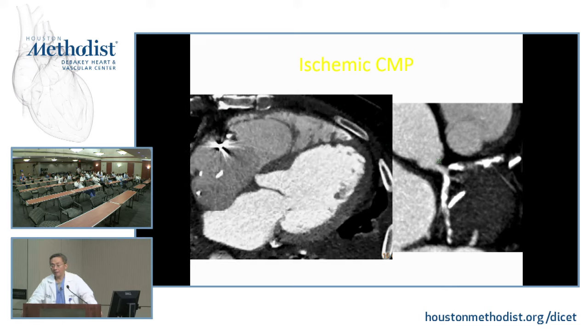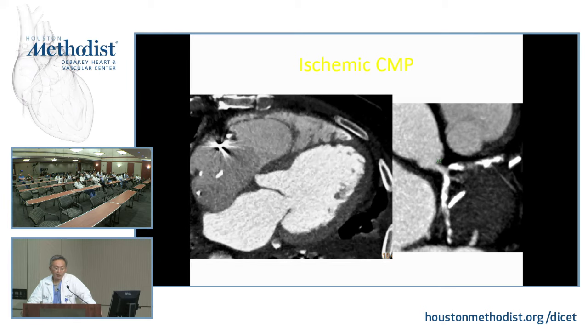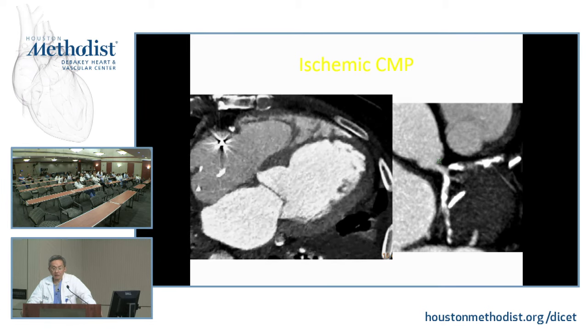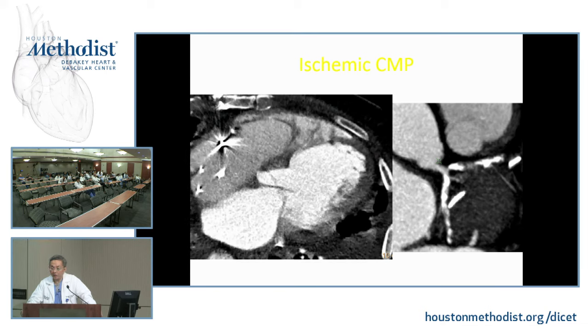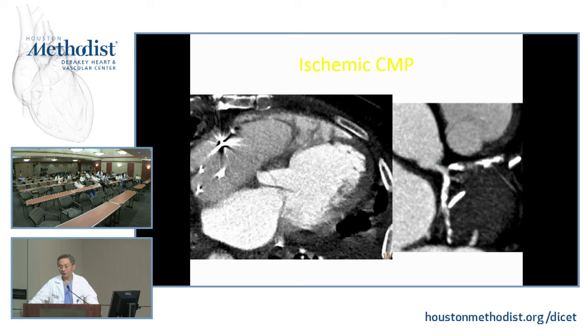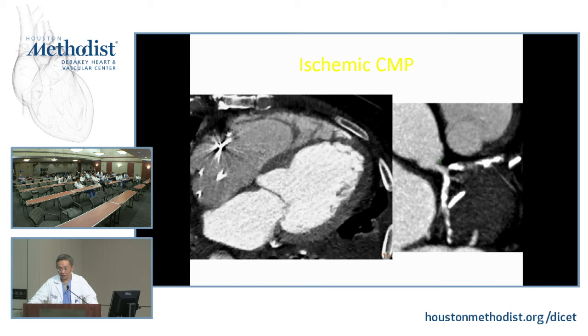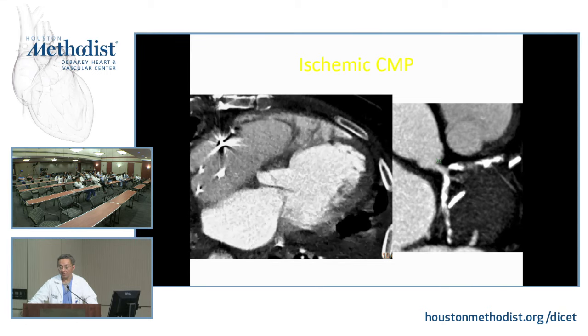We know the location of calcium matters. We know from plaque imaging that dense calcification has a different prognosis than mixed calcification, and microcalcification is probably the worst. But at the current stage, those cannot be evaluated with non-contrast CT.